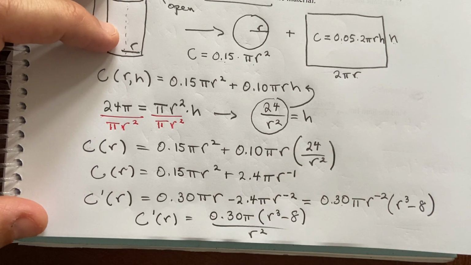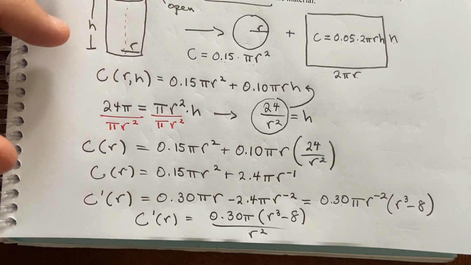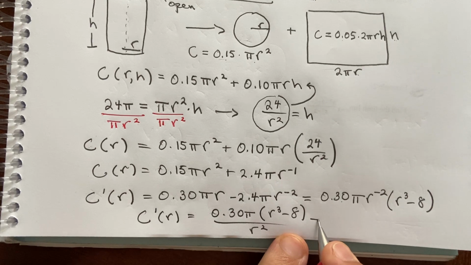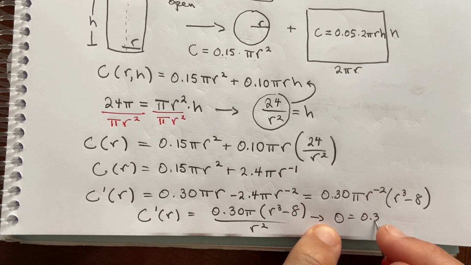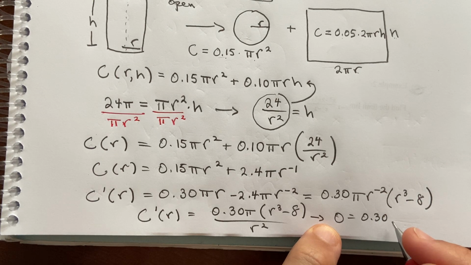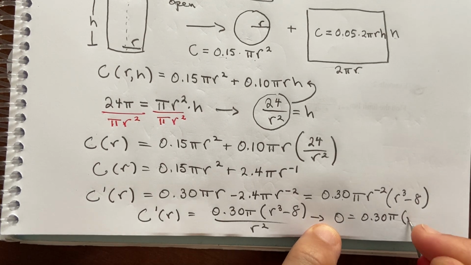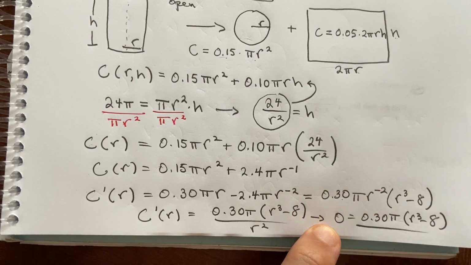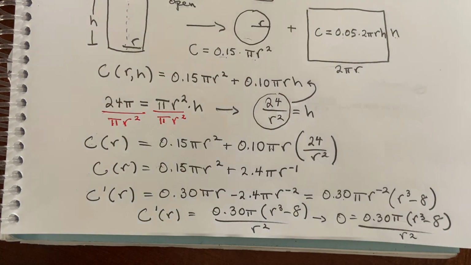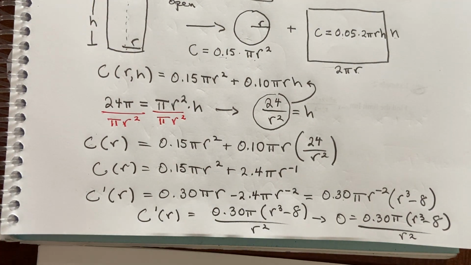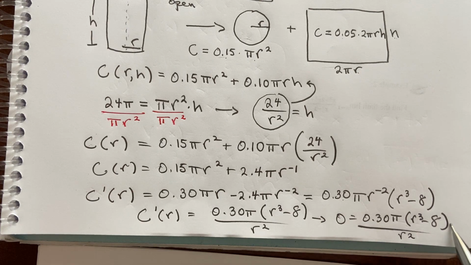We want to set this derivative to 0. So I'll have 0 equals 0.3 pi times r cubed minus 8 over r squared. Now trying to figure out when this thing equals 0.